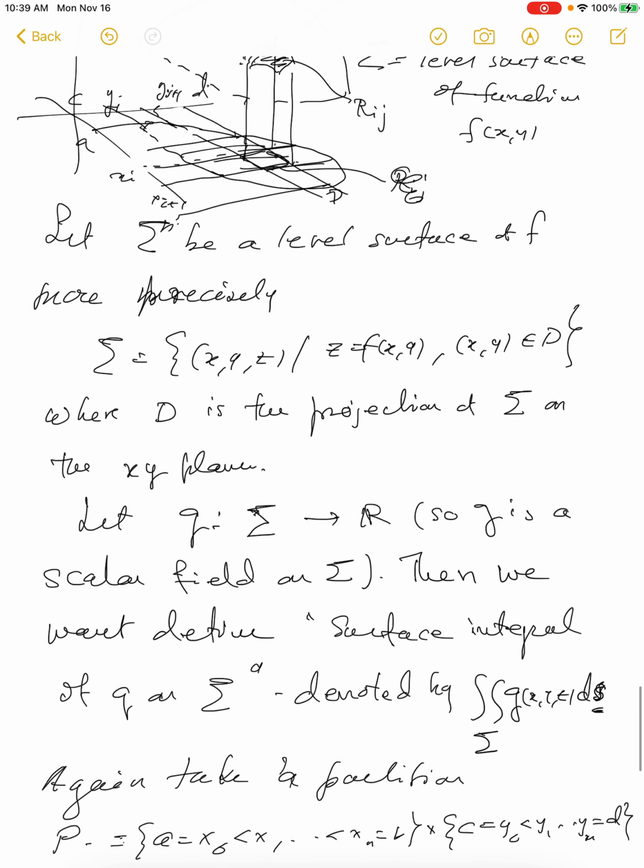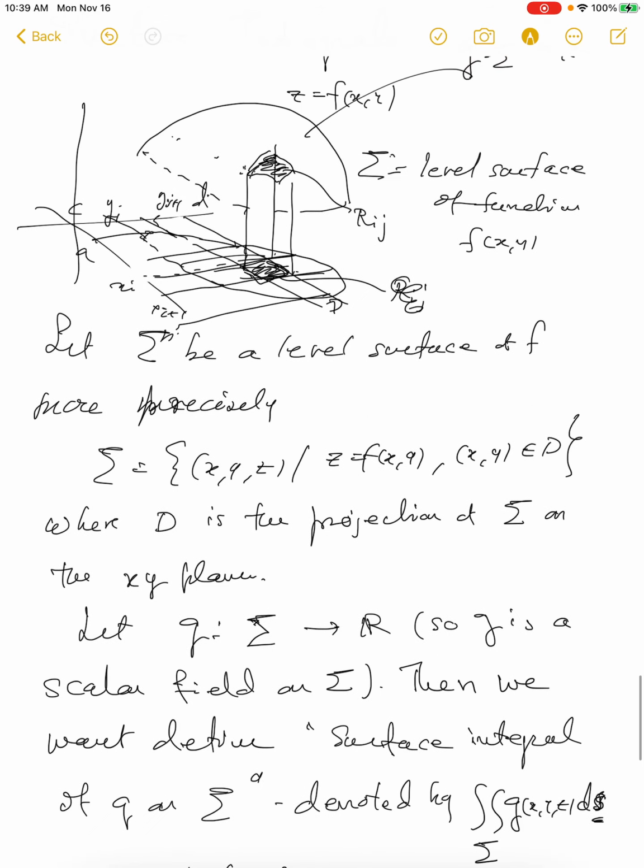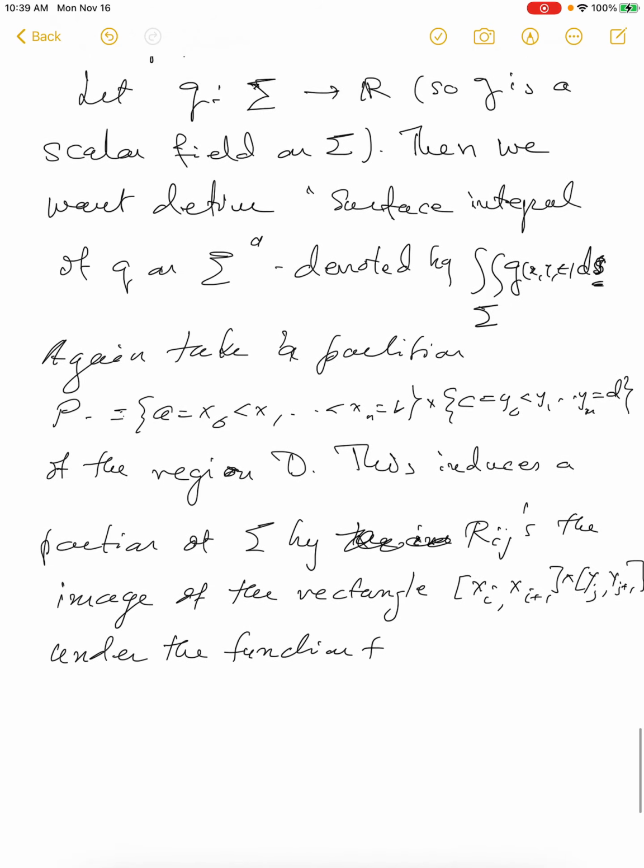So this is your rectangle, and its image under the function f is this R_ij.